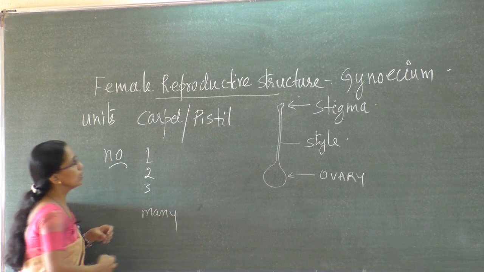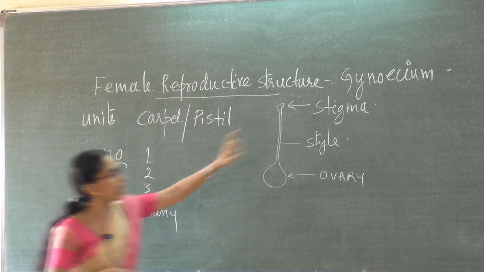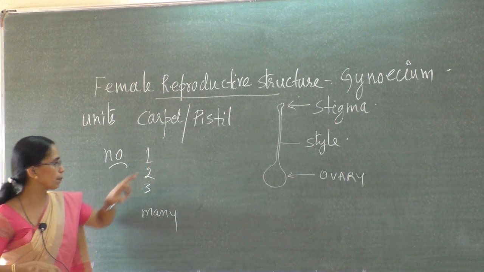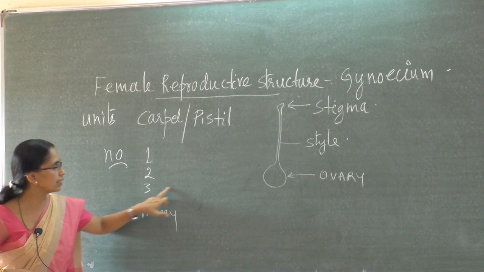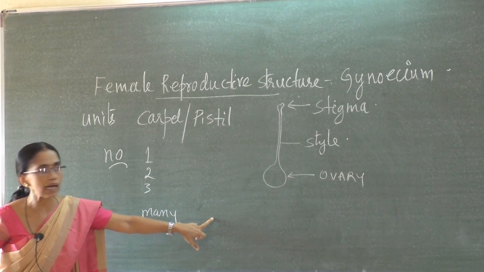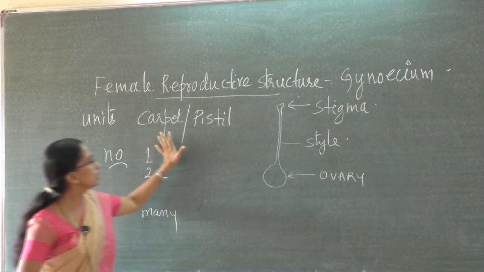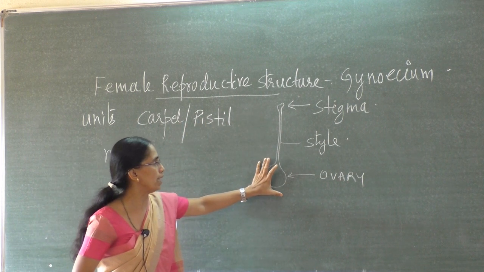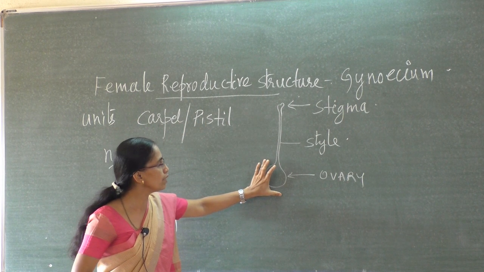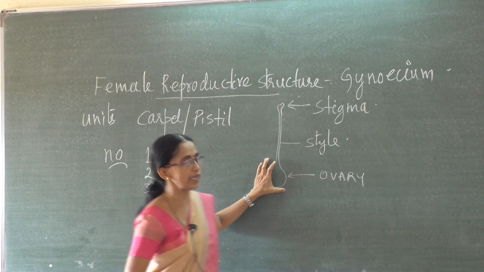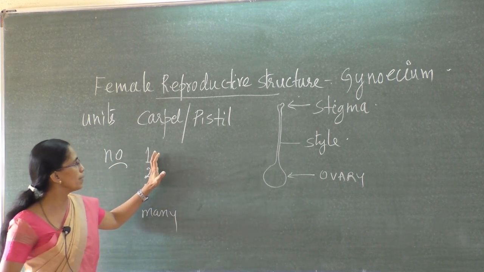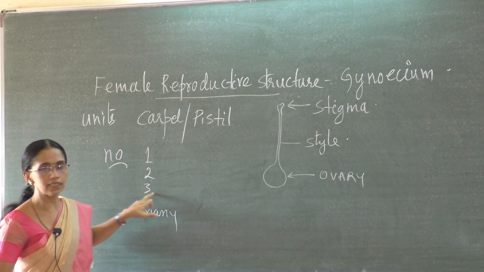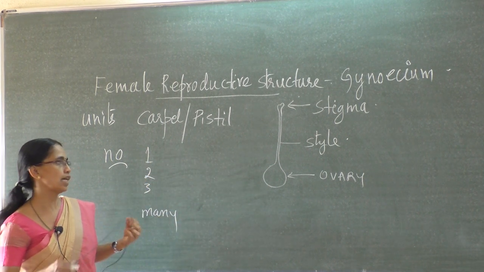Depending upon that, they are named monocarpellary, bicarpellary, tricarpellary and multicarpellary and so on. So, units are carpels. Carpel is also called pistil. Depending upon the number of carpels, gynoecium is called monocarpellary, bicarpellary, tricarpellary and multicarpellary.